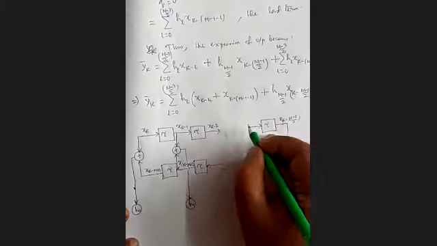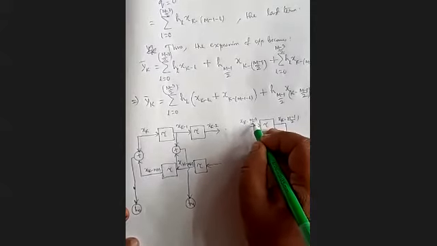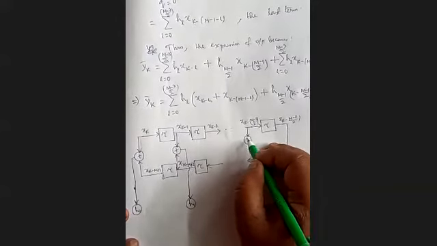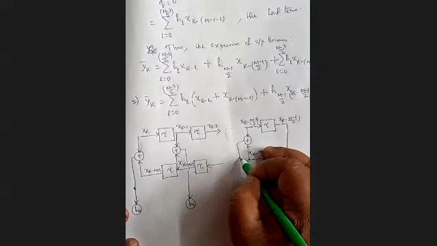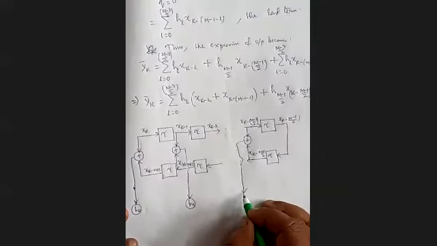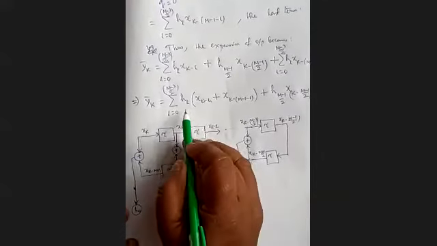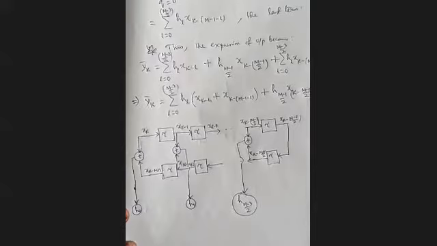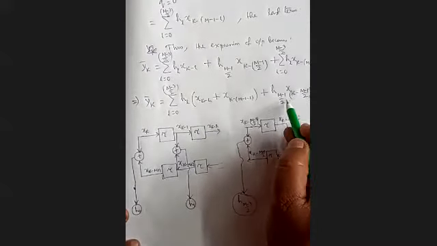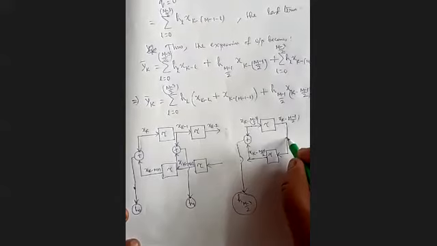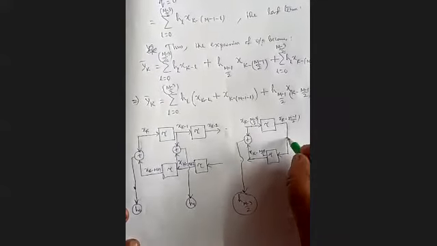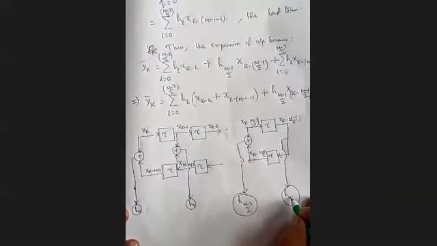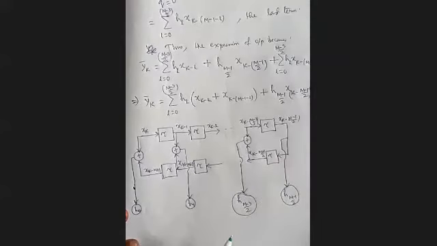This way, this pair will be added with that one. The previous term is x k minus m minus 3 by 2. That one is added with that one, and it is multiplied with h m minus 3 by 2, putting L equal to m minus 3 by 2. And the middle term, that is h m minus 1 by 2, will multiply the middle sample.